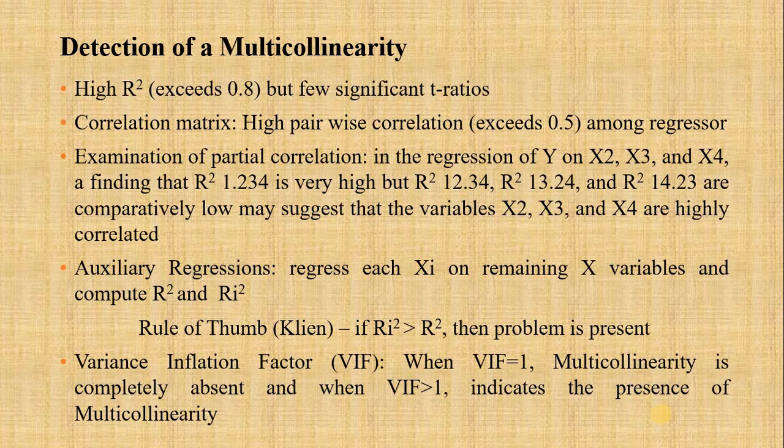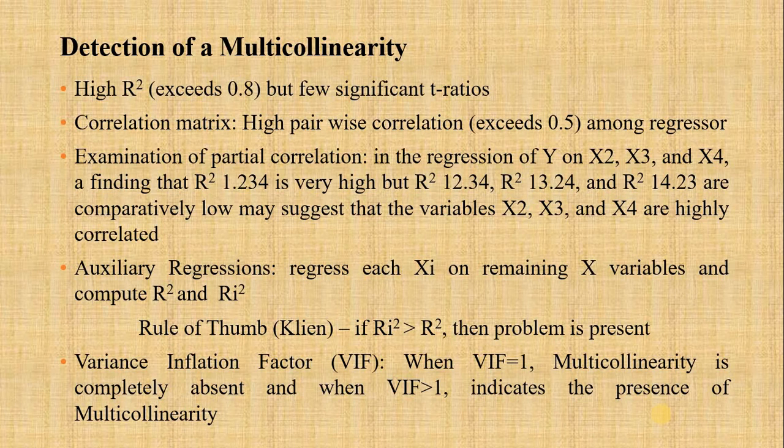Fourth, regress y on x4. Then find the R squares. If the first R square is very high and the remaining three R squares are very low, then we have to say that these variables x2, x3, x4 are highly related.